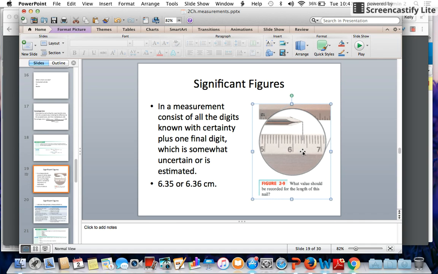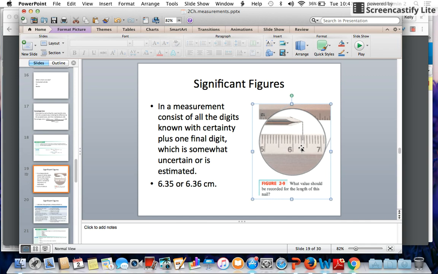So for this measurement right here, you know it's 6, so that is certain. You know it's 6.3, that's certain, but the uncertain number is in between that 3 and that 4. So we have to have one more estimated value.